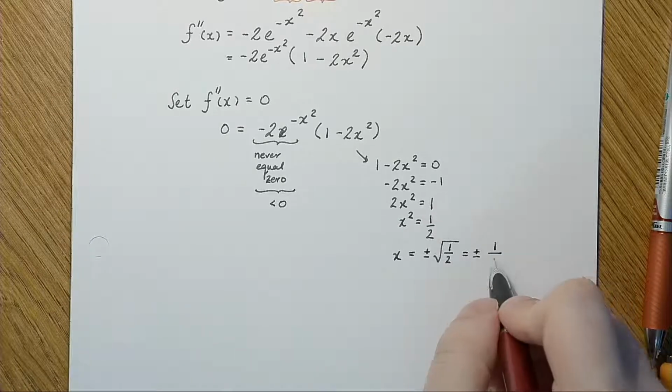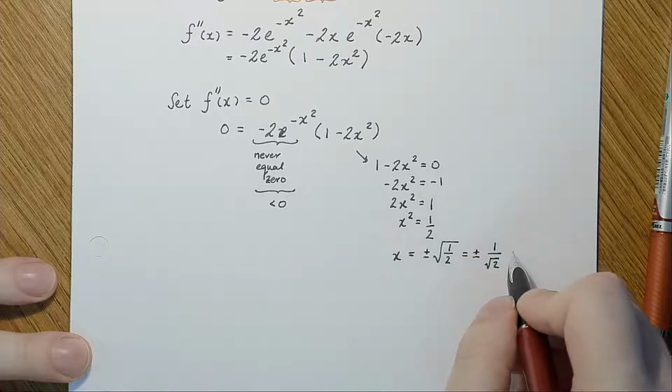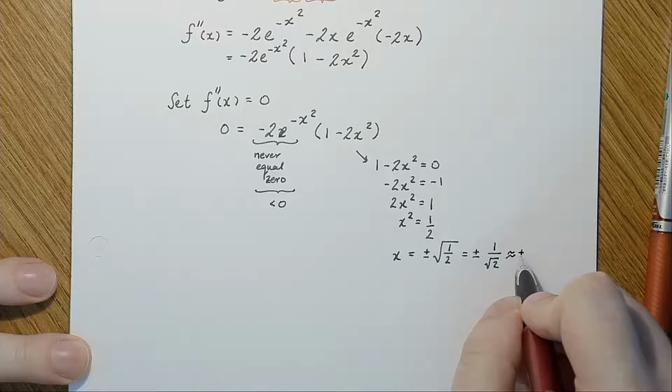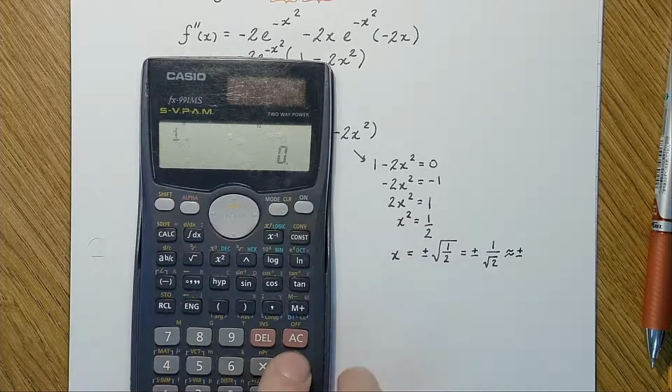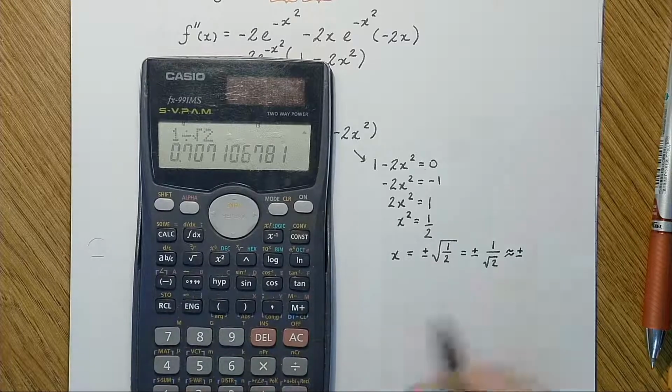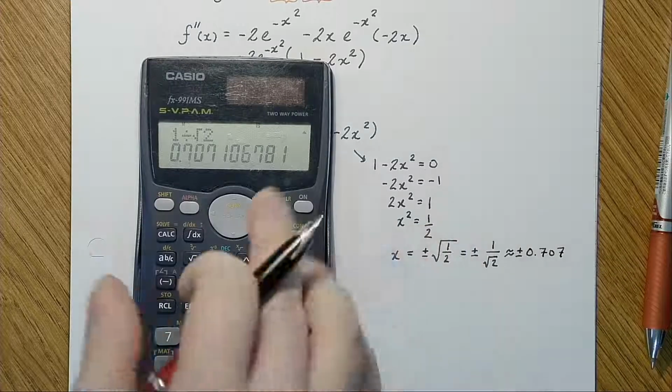Square root of 1 is just 1, and the square root of 2 I can leave. If you're not used to working with 1 over root 2, that's plus or minus approximately 0.707.